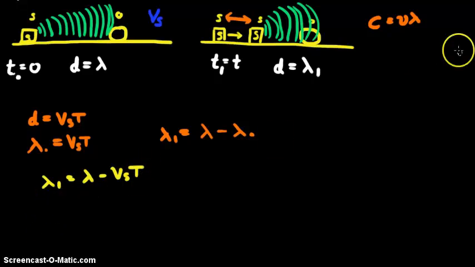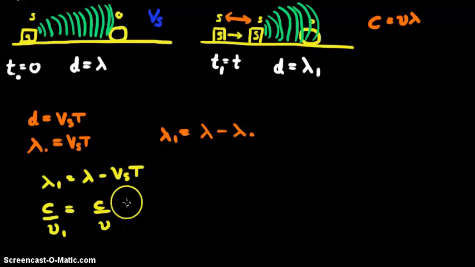Using this we write c by nu dash equals c by nu minus Vs t, and as we know 1 by t equals frequency.